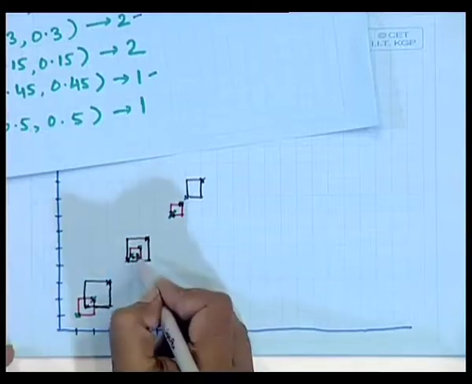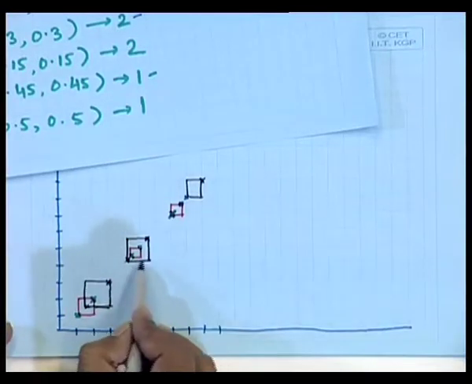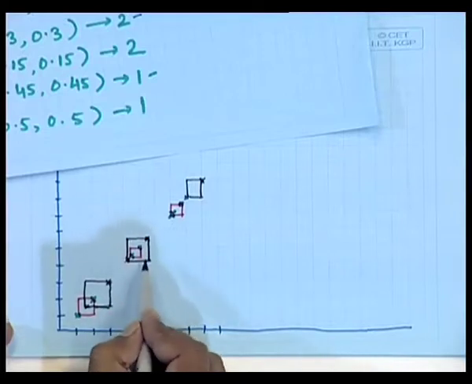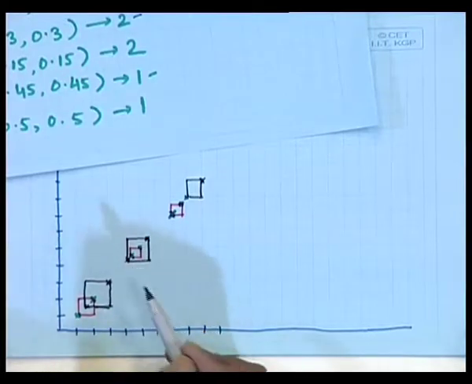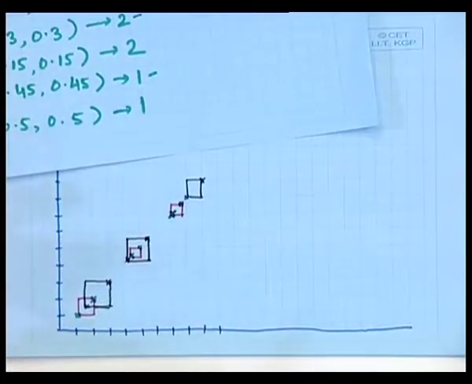So, here you find one hyperbox belonging to class 1 that is completely enclosed within another hyperbox belonging to class 2. So, as the expansion of the hyperboxes is permitted, such types of overlap are likely to occur. So, the question is how to tackle such overlaps. Okay.